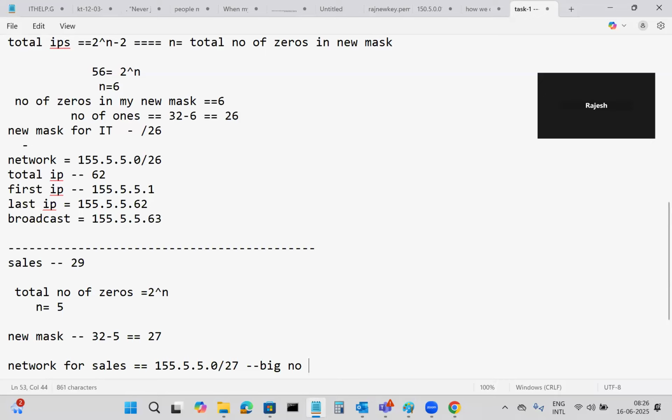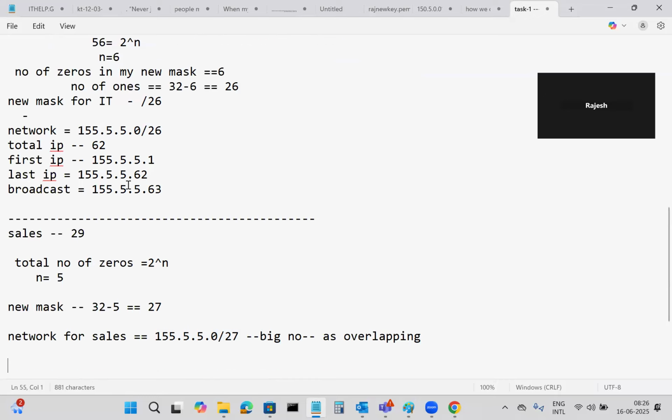Because starting from that network, I have already reserved 62 IPs for the IT department. So if I use the same network, it will be overlapping. So how do I avoid that overlapping and find the network for my sales department?